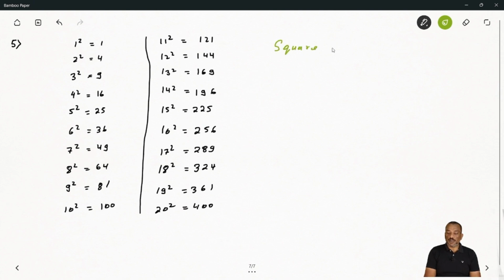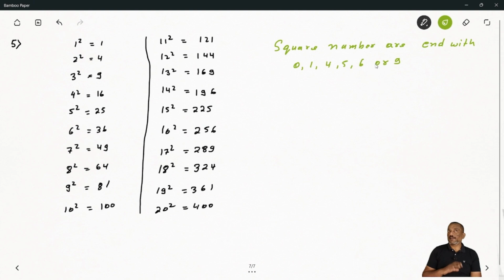A square number ends with 0, 1, 4, 5, 6 or 9.